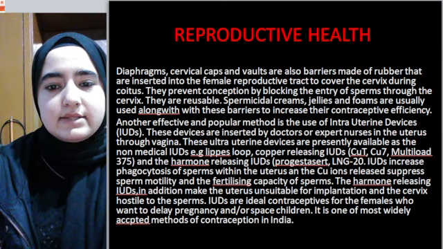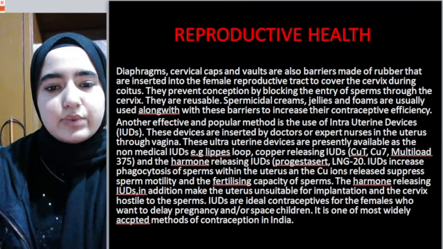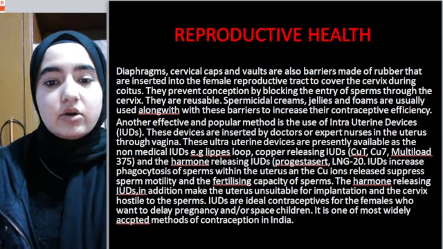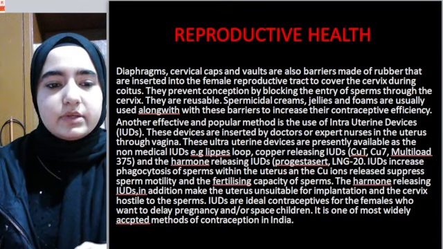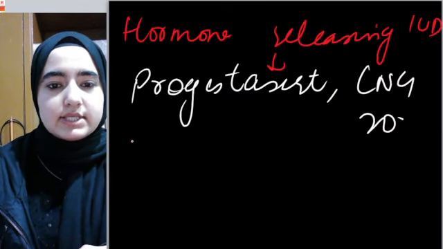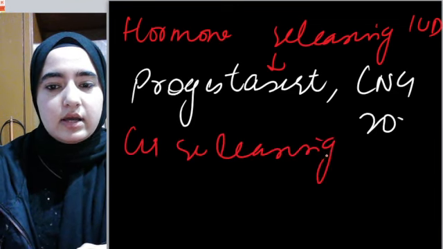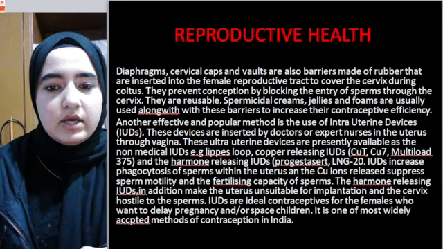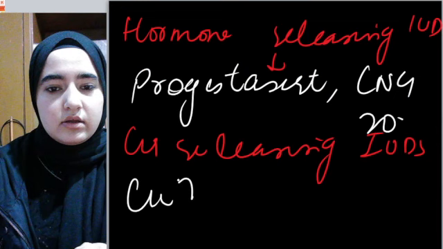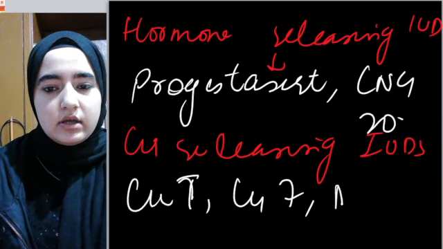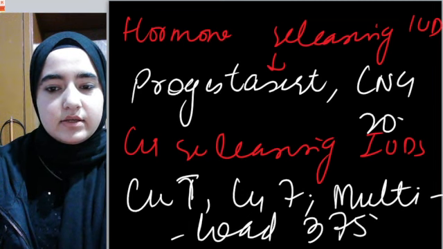Besides this, we can introduce copper releasing IUDs as well, because copper suppresses the motility of sperms. Among copper releasing IUDs, we have Copper T, Copper 7, and Multiload 375.